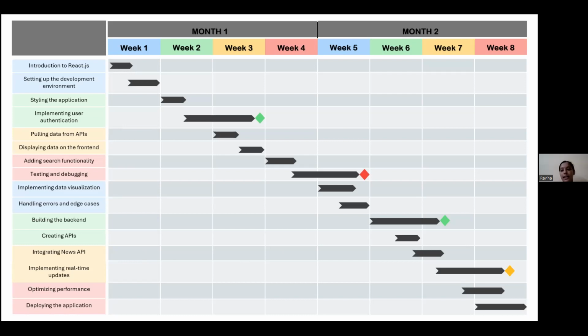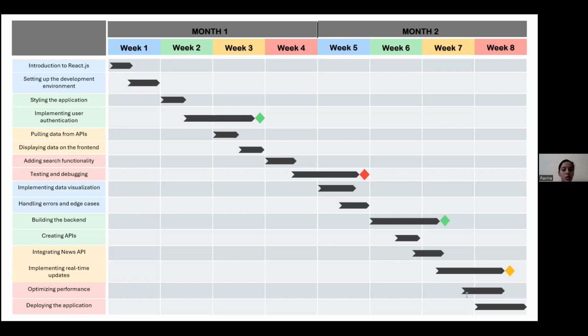So for that, it can be extended till the 8th week, half of the 8th week. And optimizing performance and deploying the application is done up to week 8. As I mentioned, deployment can have some errors. So for that, I allotted a whole week. So that's how I built the timeline for this project.